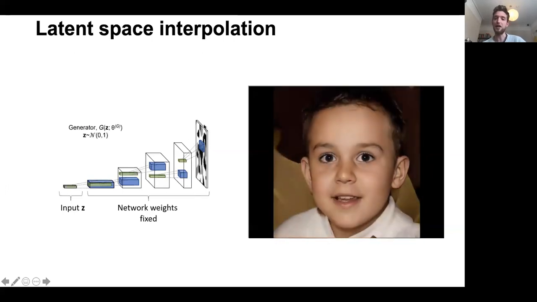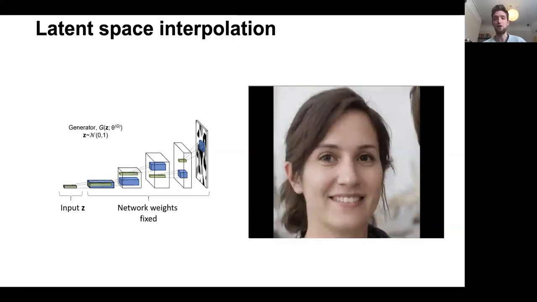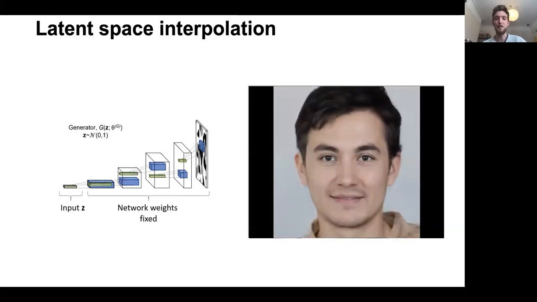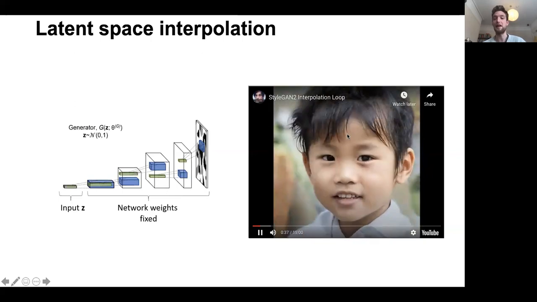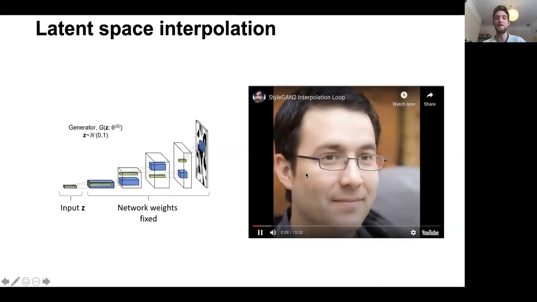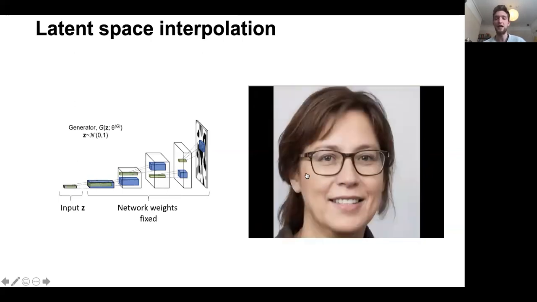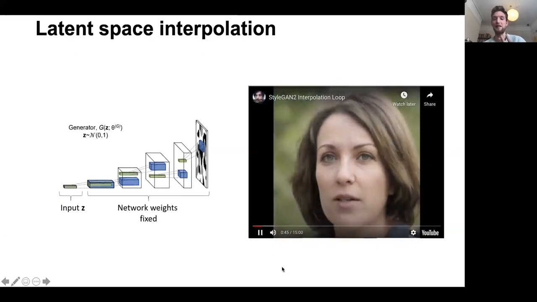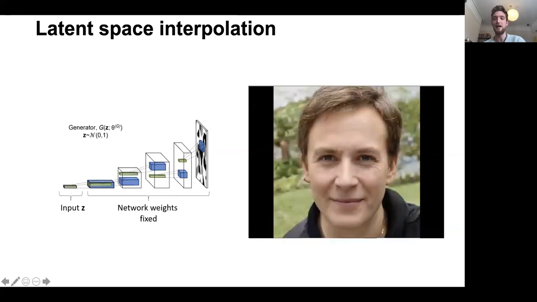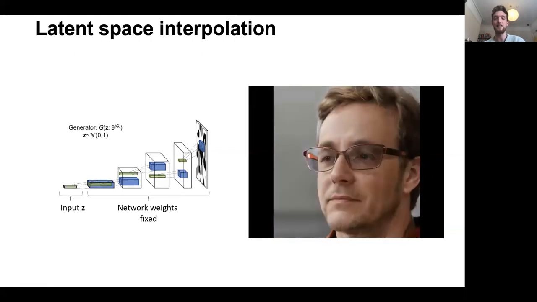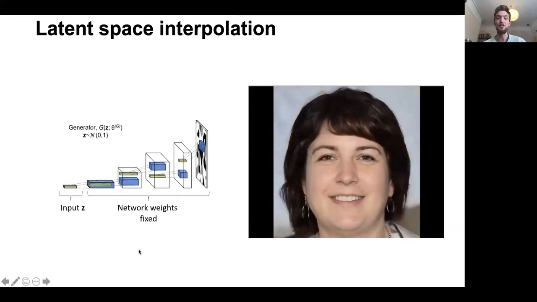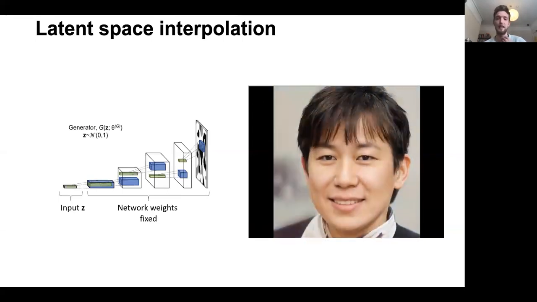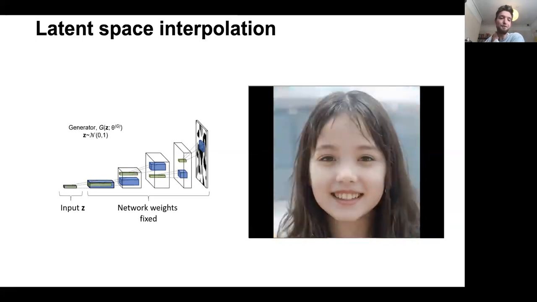So by varying our input Z, we also vary the appearance of our output face. And this is an example of what happens when we randomly vary Z. We get random changes of face. And you can see also that the space is smooth. What that means is that we get a smooth change in the appearance of these faces, because the mapping from Z to faces is a smooth mapping.